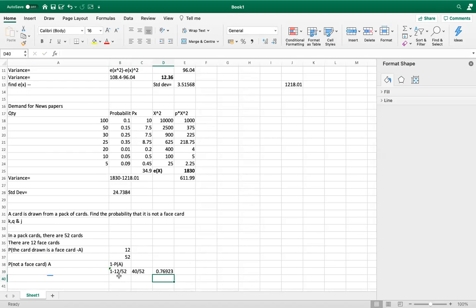You solve this and see 1 minus 12 by 52. There are 40 other cards out of 52, anything can remain. Do you understand?